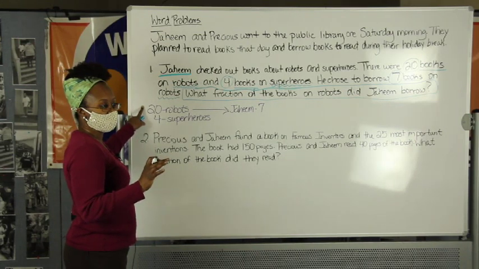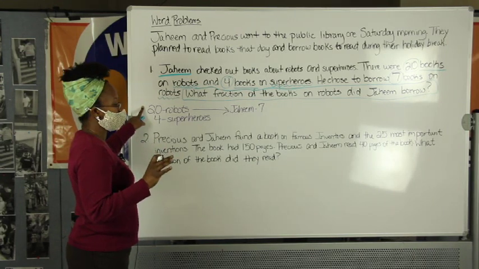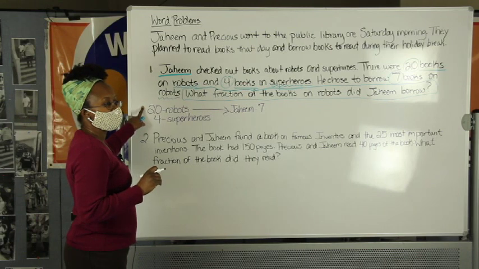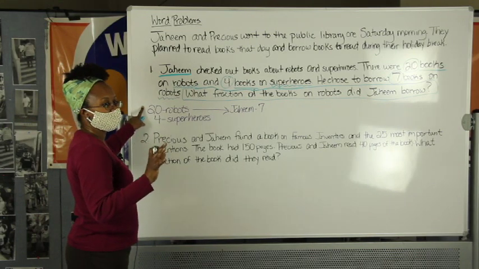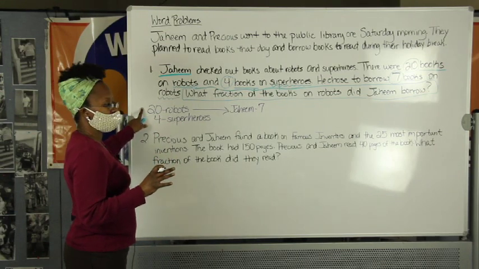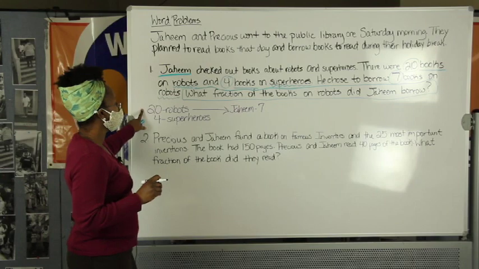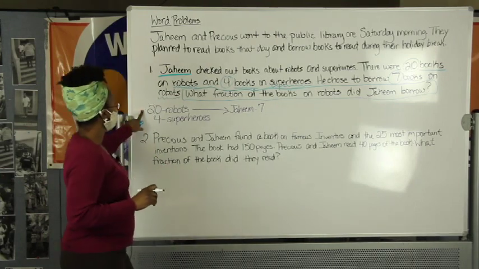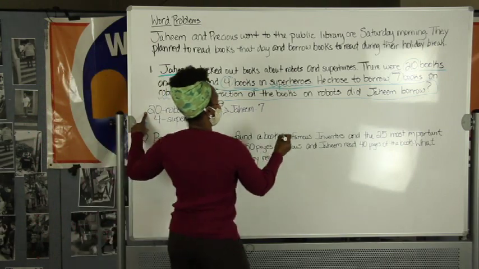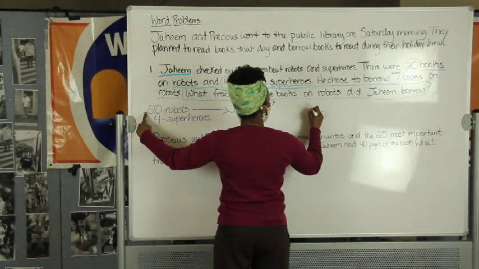So with a fraction, you have a numerator and a denominator. So the numerator is going to tell us the total number of parts that you have in all. And in this case, it's going to be books on robots. So how many books on robots do we have in all? We have 20. So over here, we're going to go ahead and put 20.